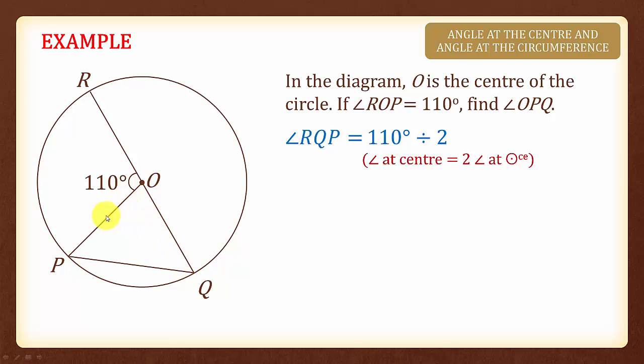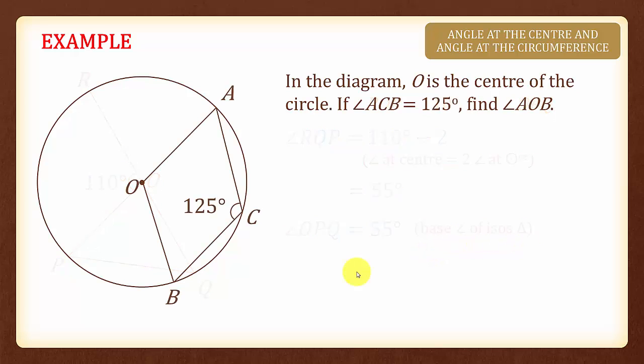We can apply this property because the angle at the center and the angle at the circumference are subtended by the same arc RP. And angle RQP will be equal to 55 degrees. Since angle RQP is equal to 55 degrees, angle OPQ is also equal to 55 degrees. Do you know which angle property this is? Yes, this is the property base angles of isosceles triangle.